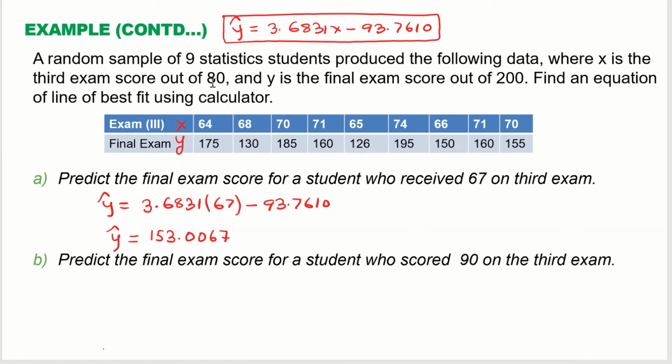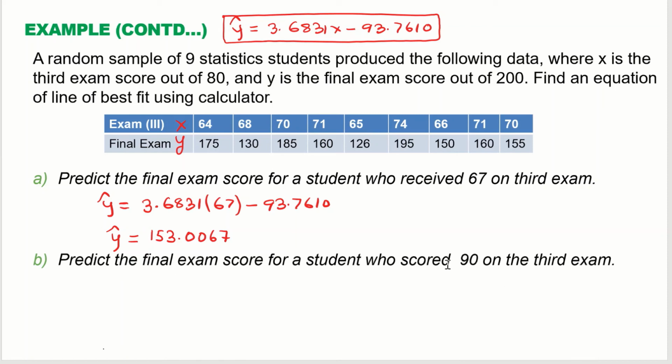Also, the total point on exam 3 is 80 and there is no chance that somebody will get 90. That means in this case, since x equal to 90 is outside the domain of this equation, as the maximum score is 80, the prediction is impossible.